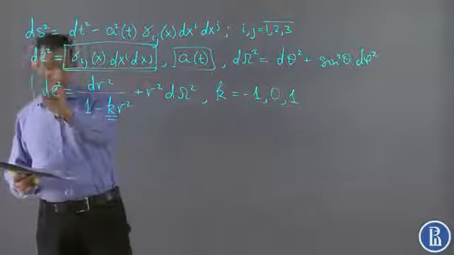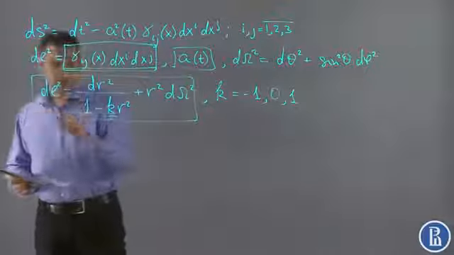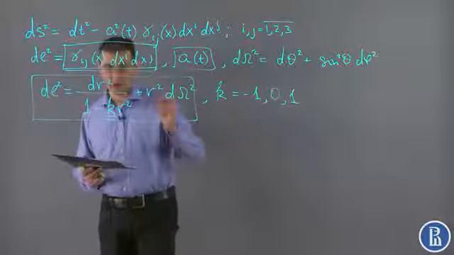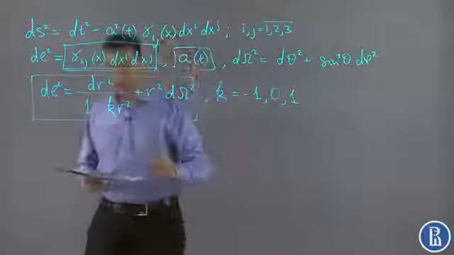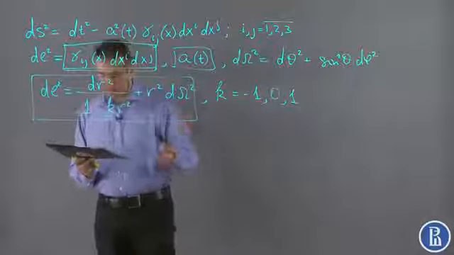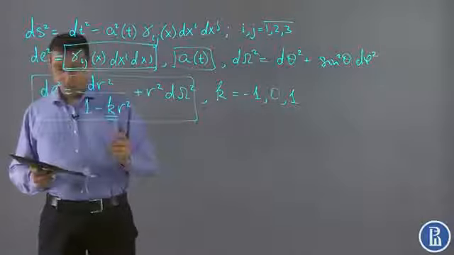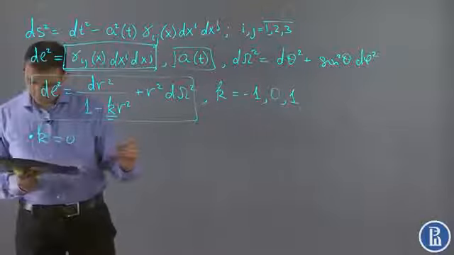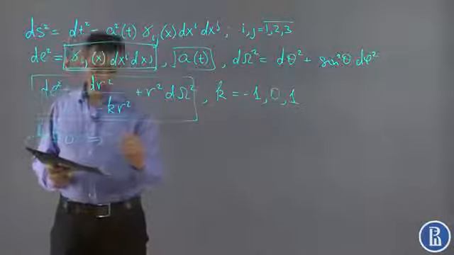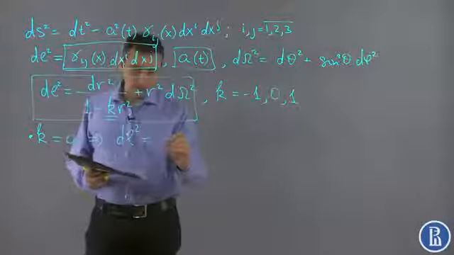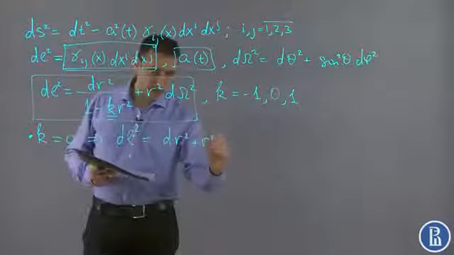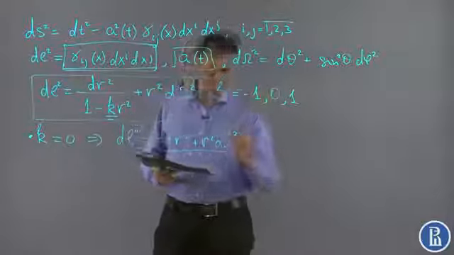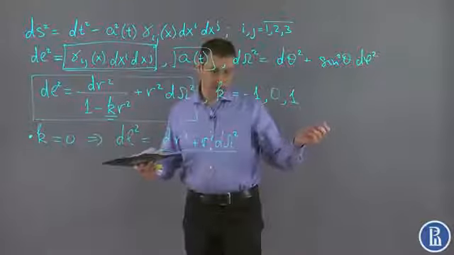Indeed, let us see that this space, for these three choices of k, describes a homogeneous situation, which corresponds to constant curvature at the same time. So when k equals 0, this is the first case, we obtain dl squared, which is dr squared plus r squared d omega squared, which is nothing but a three-dimensional flat space written in spherical coordinates.